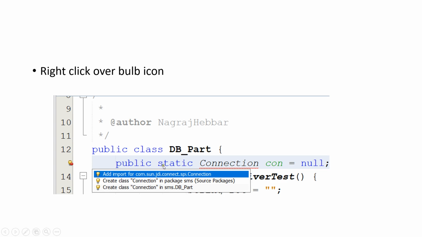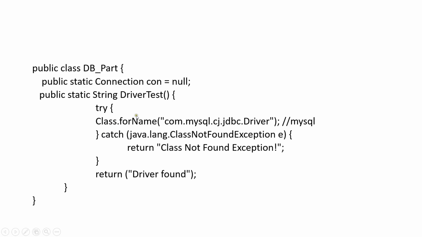This particular class is public. This particular class has got a method called driver test, which is also public and static. Without creating the instance of DB part, one must be able to access this particular method.